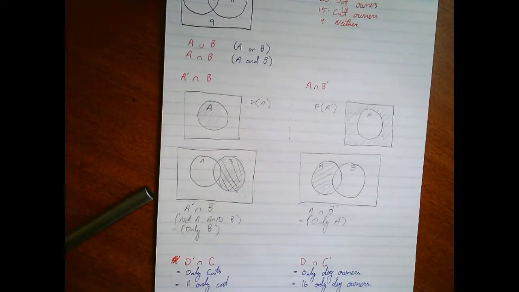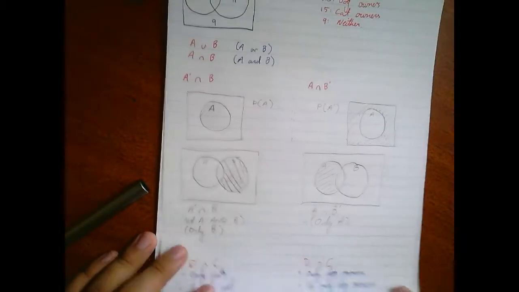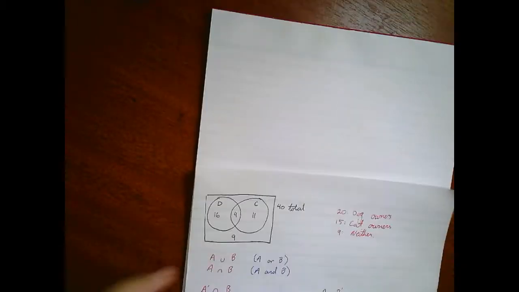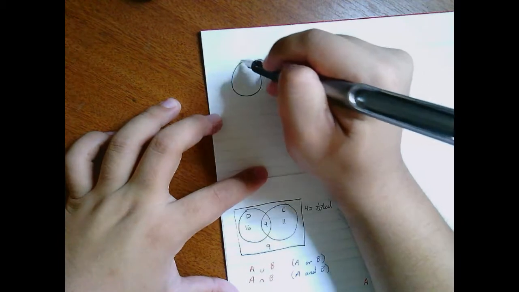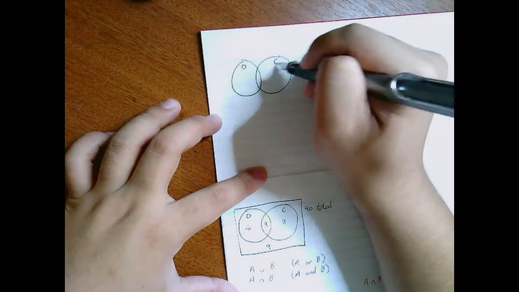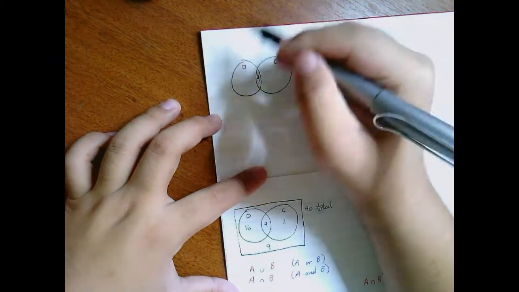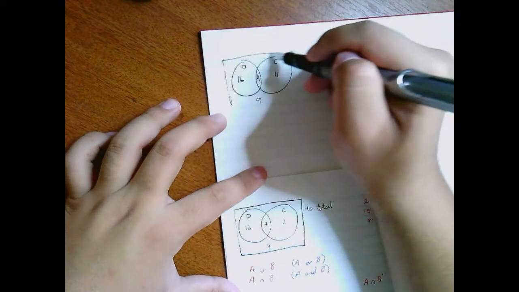So what's the whole point of this? The whole point of understanding these terminologies is this. Let me just quickly copy this out again. There's our dog owners, there's our cat owners, there's 4 here in the middle, 16, 11, and 9 that are neither.